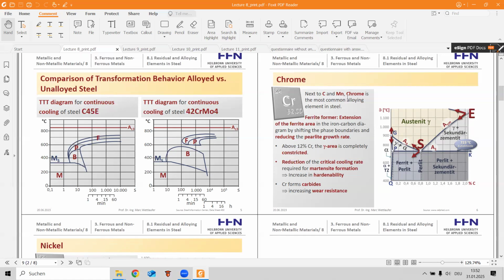Next to the chrome, chrome is the most common element in steel.